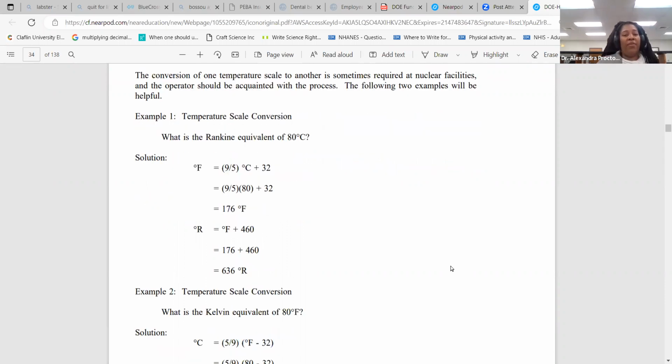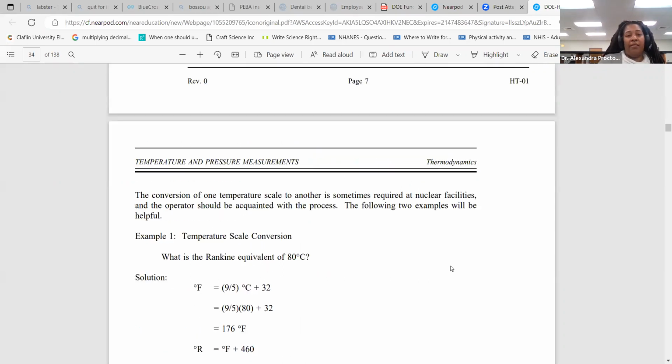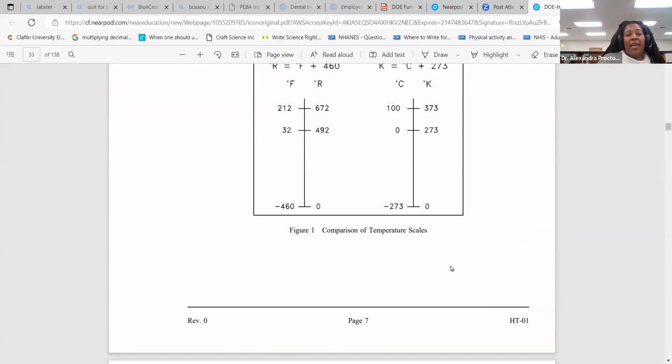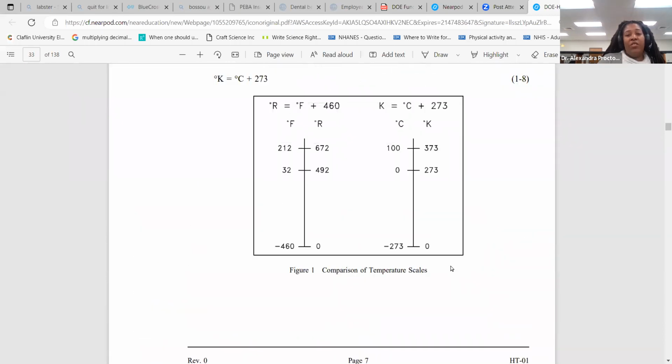So what is the Rankine equivalent of 80 degrees Celsius? What is the Rankine equivalent? Well, in order to do this, the first thing you need to understand is what scales go together. So they added an additional step because you know that Fahrenheit and Rankine go together. Remember, Fahrenheit and Rankine go together.